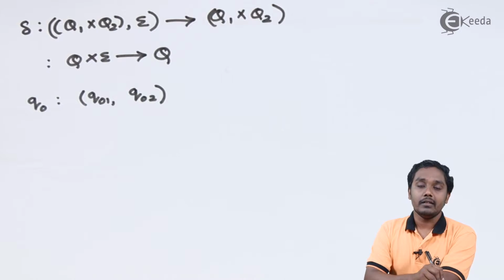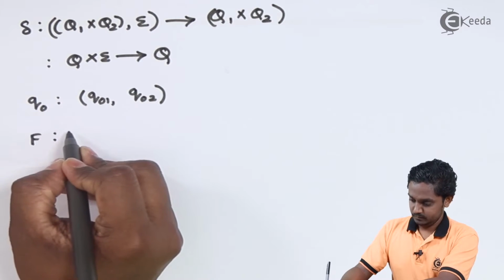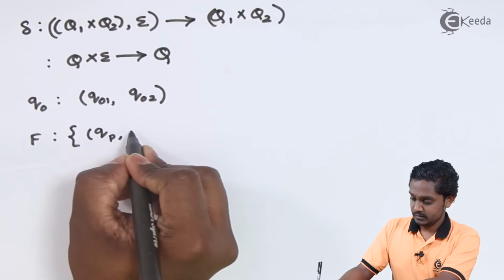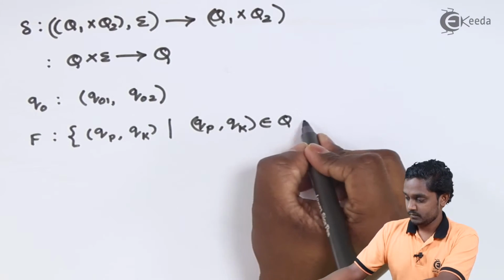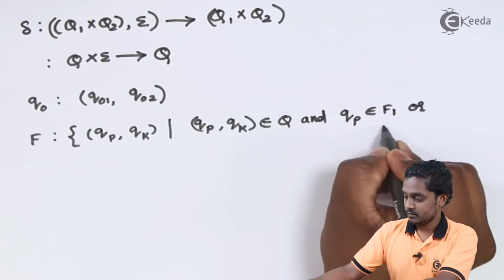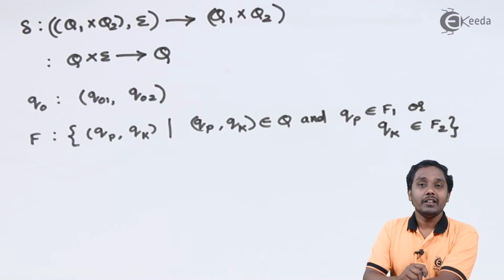The final state is the important one. The final state will be having the union. That means the final state F contains a set of all states from Q1 and Q2 in which at least one from Q1 or Q2 is a final state.